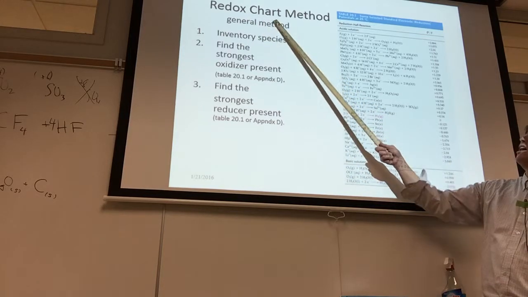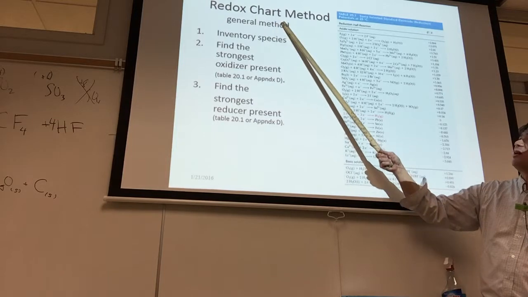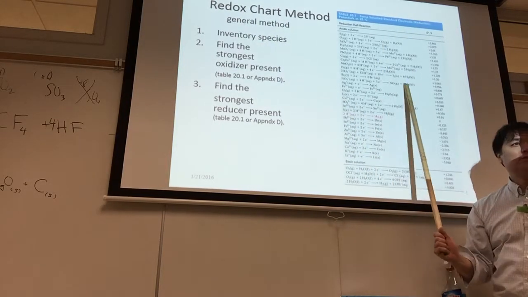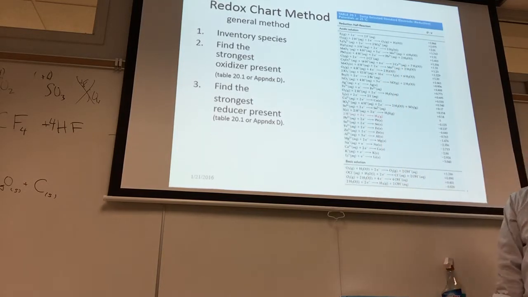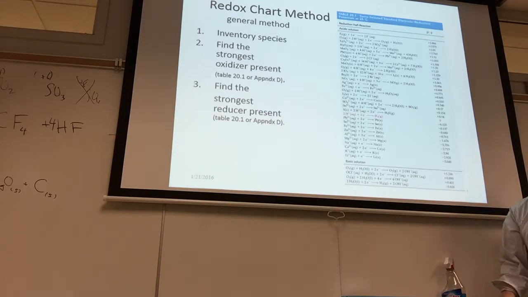This is the redox chart method. I named this the redox chart method because we use the redox chart. This is the redox chart here. This method is very similar to the Bronsted acid-base method. I should have named the Bronsted acid-base method the acid-base chart method, but the procedure is exactly the same.